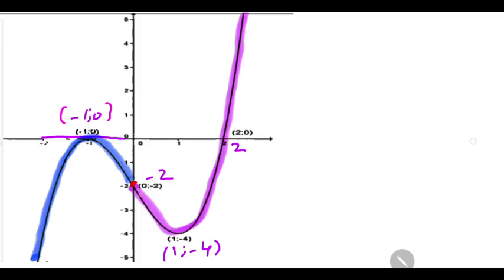You can see the graph is concave up. So the answer will be x greater than 0, the graph is concave up, because the x value is 0 here. From the point of inflection, the graph is concave up. So x greater than 0, the graph is concave up.